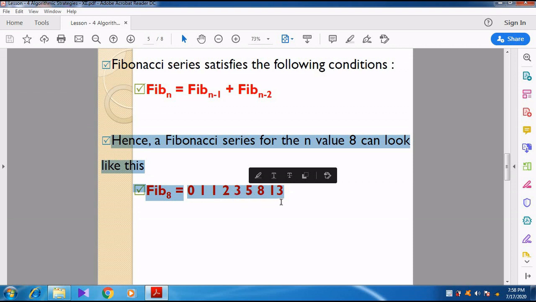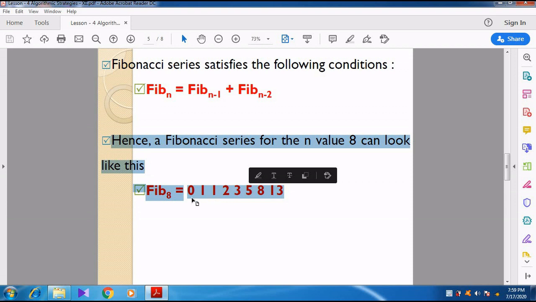8 and then 13. See here, first we take 0, and the second value as 1. Now add these two numbers: 0 plus 1 gives 1. Then you just add the subsequent two numbers.